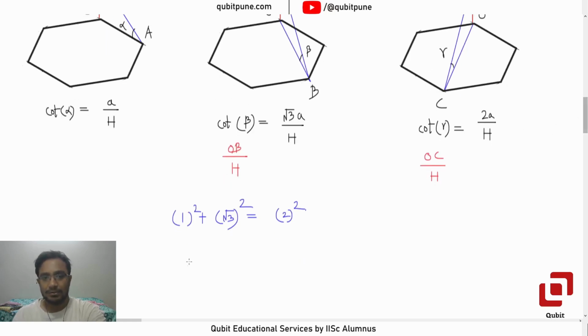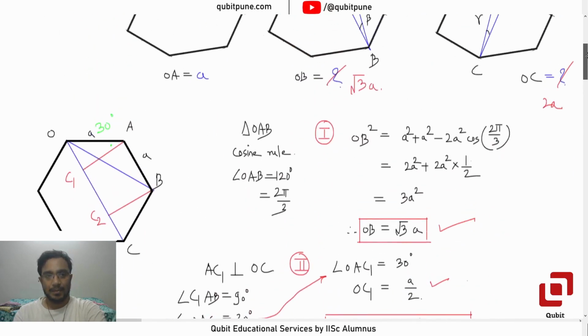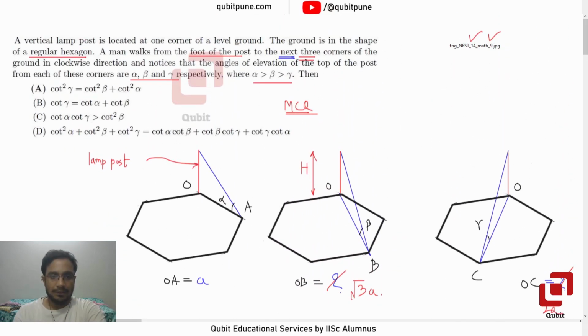Which means cot squared alpha plus cot squared beta is equal to cot squared gamma, right? Cot squared alpha will be A squared by H squared, cot squared beta will be 3A squared by H squared, so that will effectively be 4A squared by H squared, and if you take the root of that, you will get cot gamma, which is 2A by H. So the correct option is A.